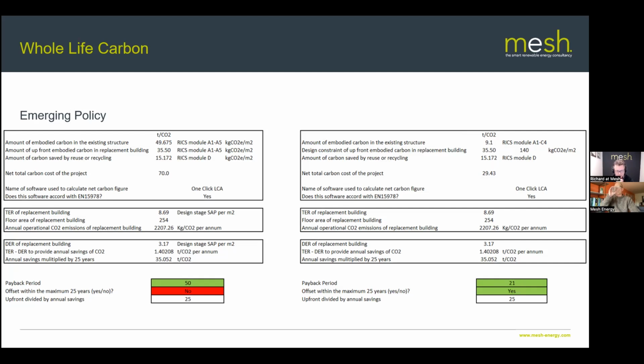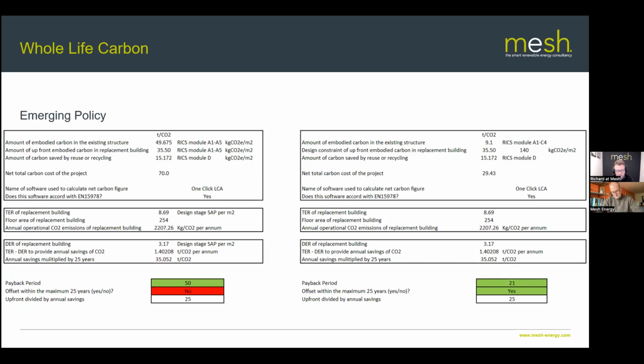So on the screen at the moment is a calculation for the same property with two very slightly different approaches. And what the policy actually asks for is that if you're going to demolish a building and build a new building, then the payback period of the carbon cost should be under 25 years.